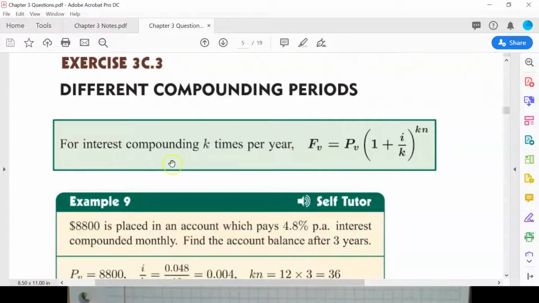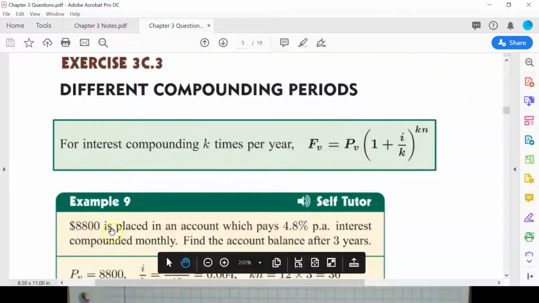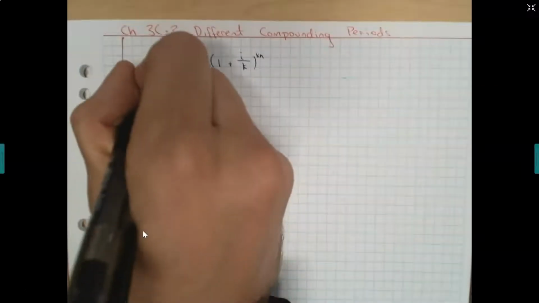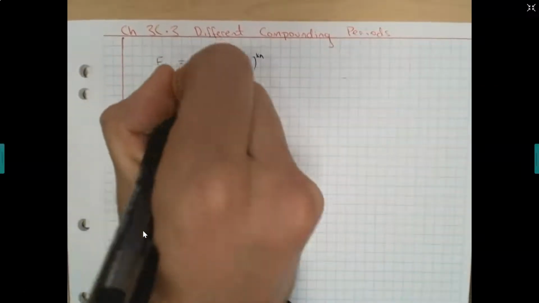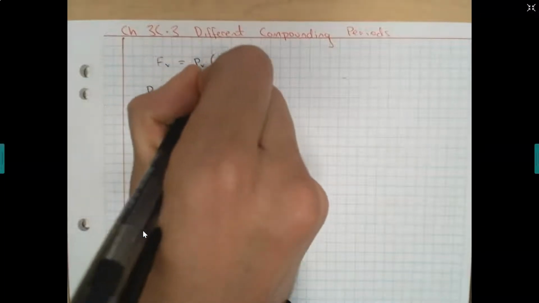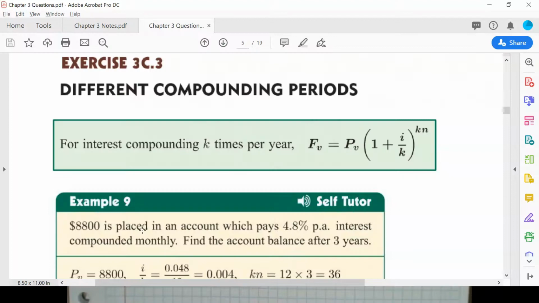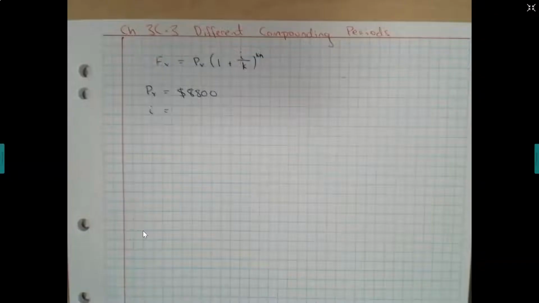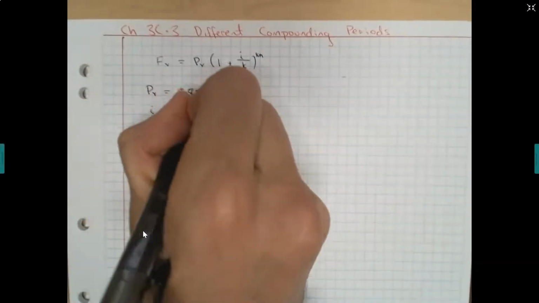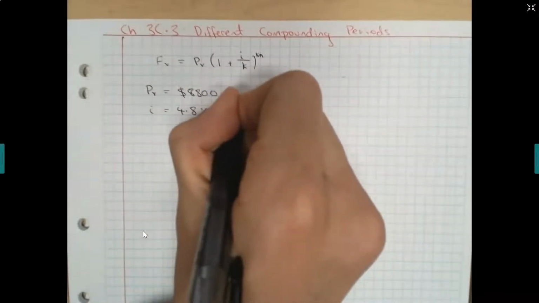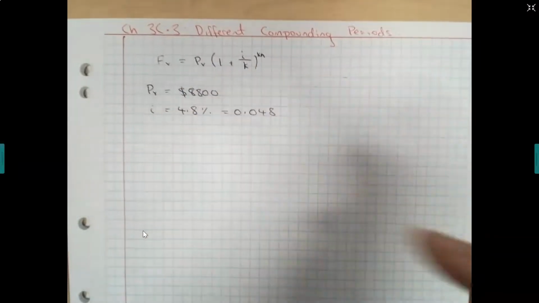Now, for this example here, we have our principal value of 8,800. So PV is equal to 8,800. The interest rate in this example is 4.8% per annum. So 4.8%, which is equal to 0.048.